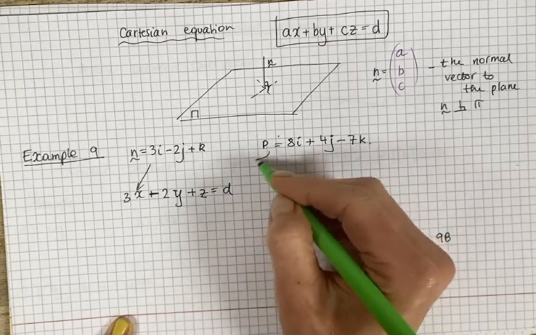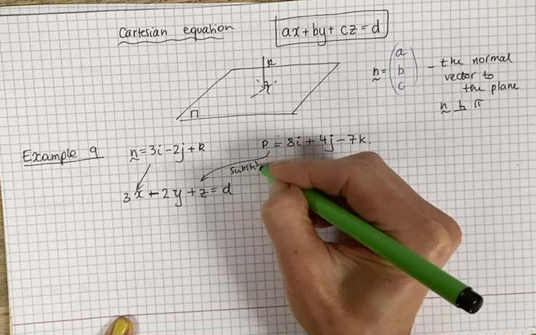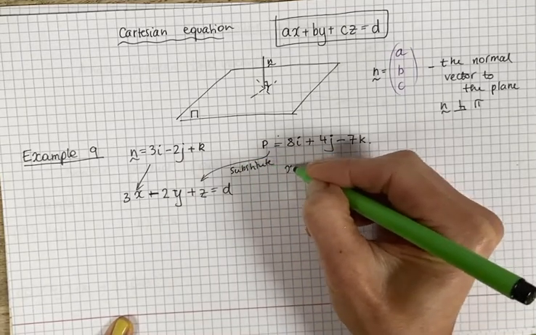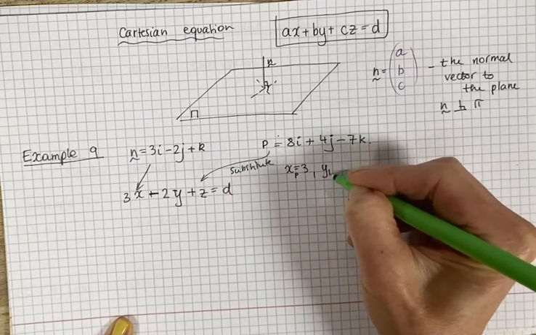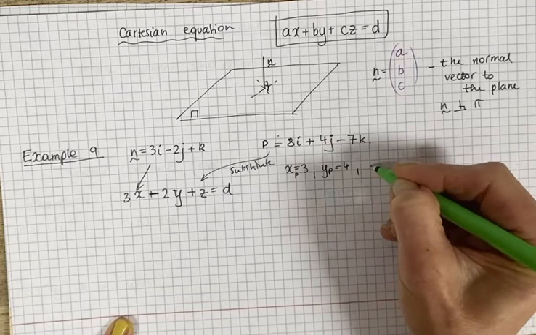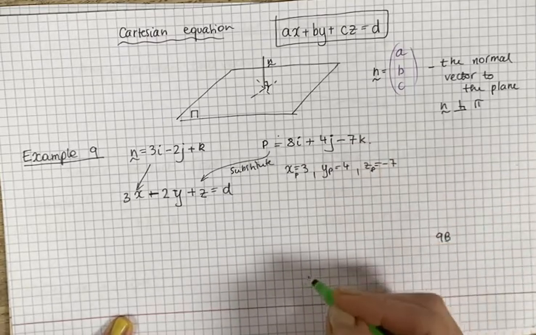So you're going to substitute this point, because these are the coordinates of that point. So we can substitute the coordinates into the equation because they have to satisfy this equation.